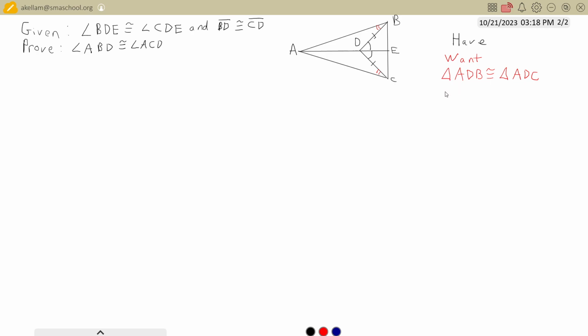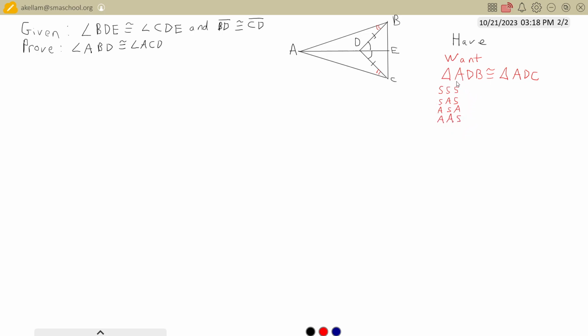So I have really 4 options available to me to show that triangles are congruent: side, side, side; side, angle, side; angle, side, angle; and angle, angle, side.